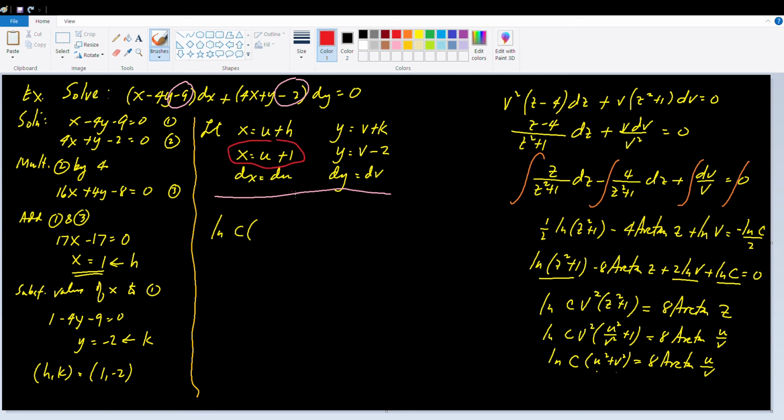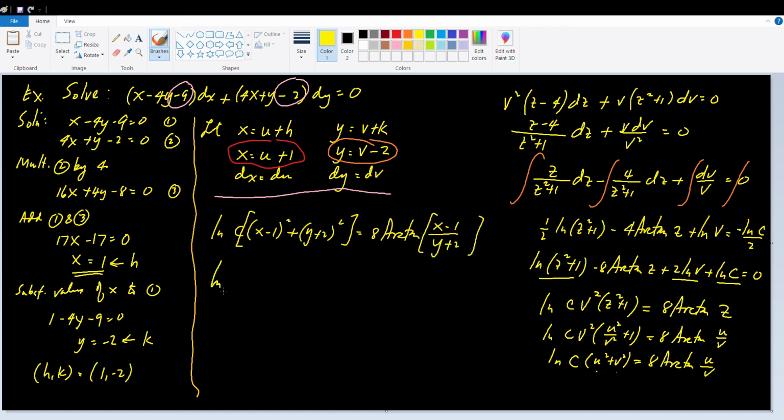My u is x minus 1, x minus 1 squared, plus v is y plus 2 squared, equal to 8 arctangent of u, x minus 1 over v, y plus 2.